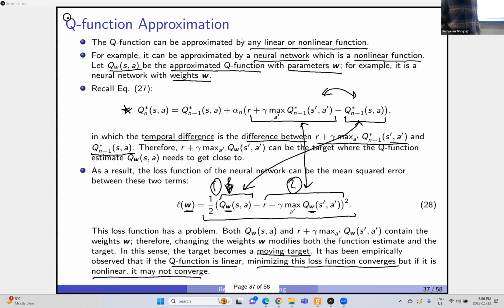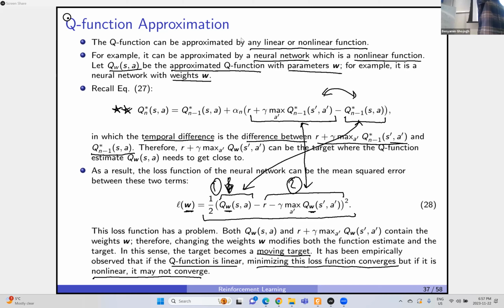Then I said, do you remember the temporal difference for Q function? It was this, right? Then I said, let's approximate the Q function with some function. That's why they call it Q function, right? So let's approximate it by some function, and this function can be linear or non-linear.